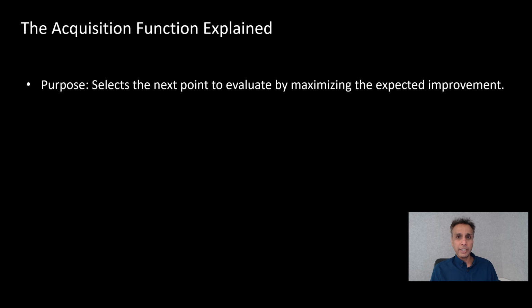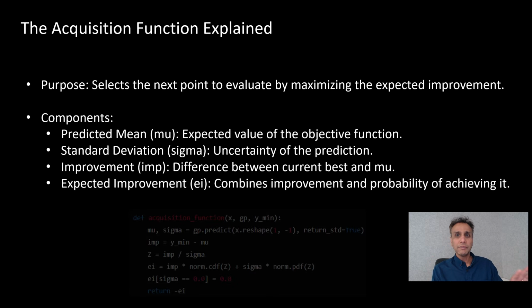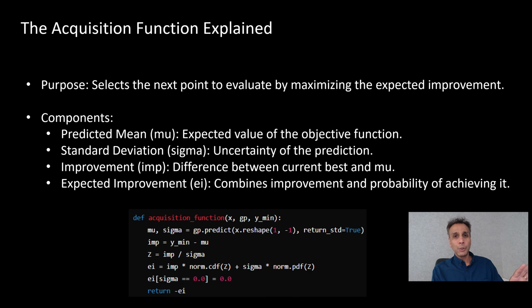How do you create next data points? There needs to be some sort of a fitness, right? So this is where the acquisition function fits in. So the components of acquisition function are predicted mean and standard deviation, the improvement, and expected improvement. And expected improvement I already mentioned in the previous slide.